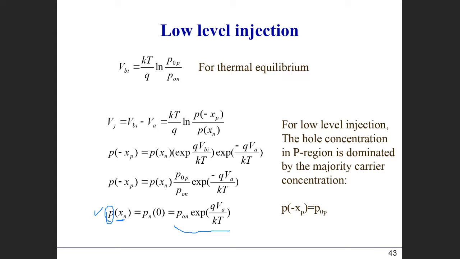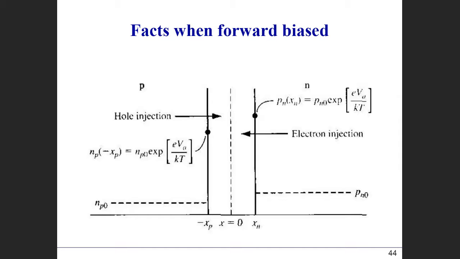Okay. If we look at this equation carefully, this hole concentration follows from your thermal equilibrium value multiplied with the exponential qVA over kT. Okay. So in terms of a graph, in the N side, this represents your hole concentration.